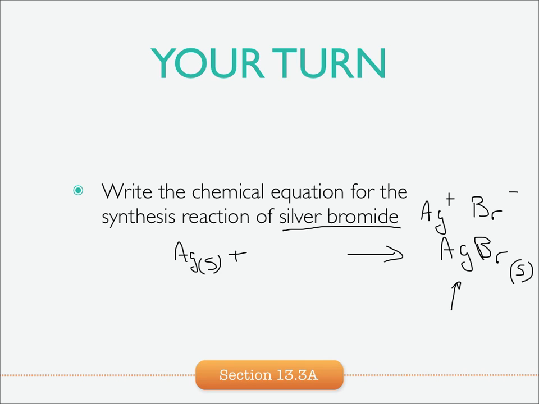And you're going to use some bromine, and bromine is diatomic. Bromine is one of two elements on the periodic table that is a liquid at room temperature. So we would get something like that. We need to balance it. It should be something like that.